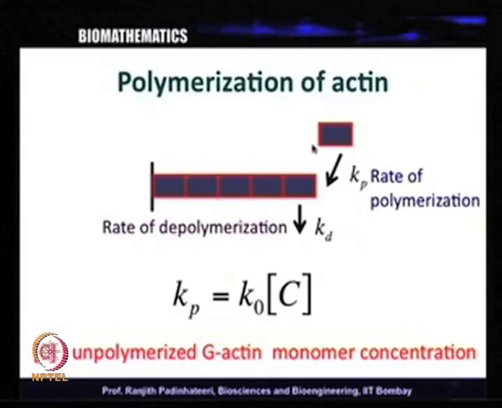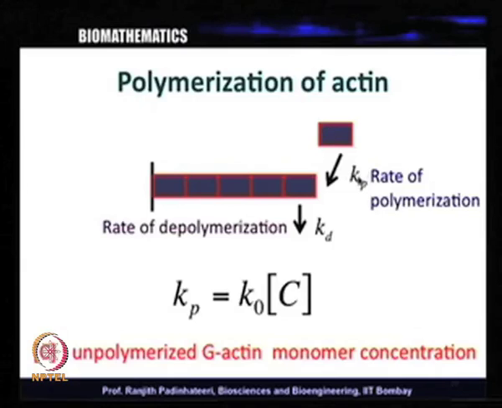Let us quickly look at this diagram here. In this cartoon, as I discussed, this single box represents G actin, which is the monomer of actin, and this is a filament. With some rate Kp, this monomer binds onto this filament and elongates.